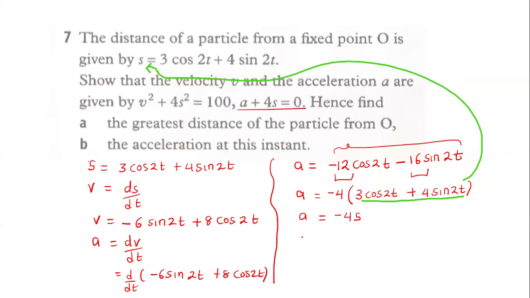How do you think we can reach here? Maybe we take the negative 4s to the other side. It becomes positive 4s. Okay, so what shall we have? A plus 4s equals 0.